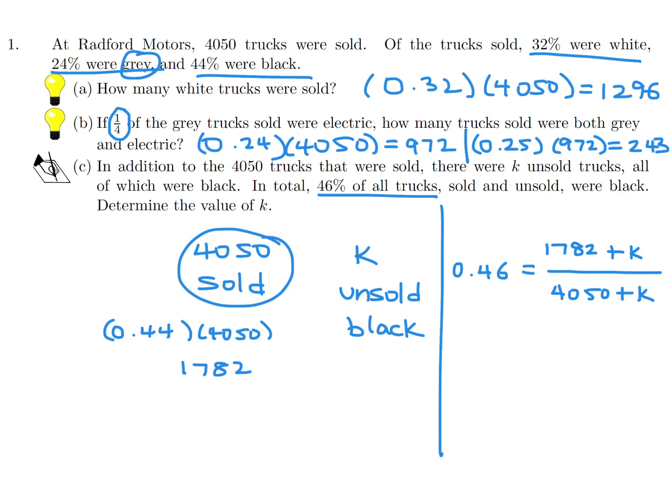So cross multiply, and you will get 1782 plus K is equal to 1863 plus 0.46K, and therefore 0.54K is 81, and therefore K is 150.